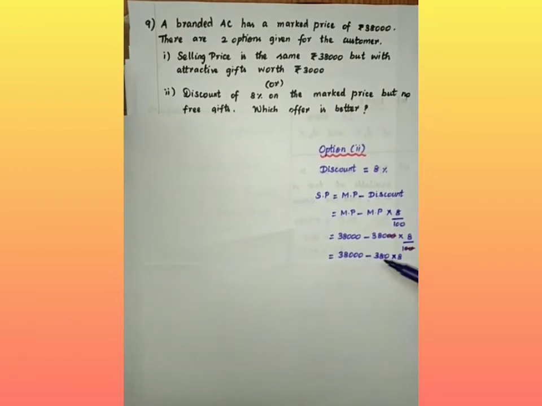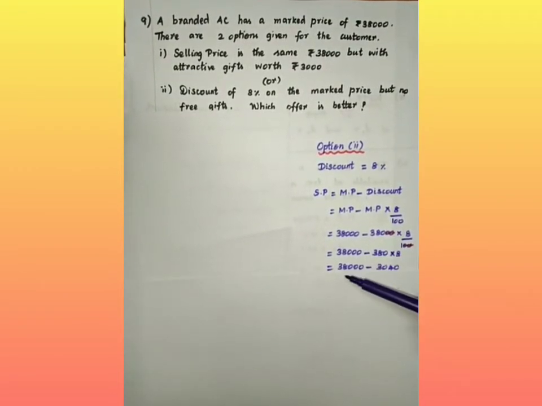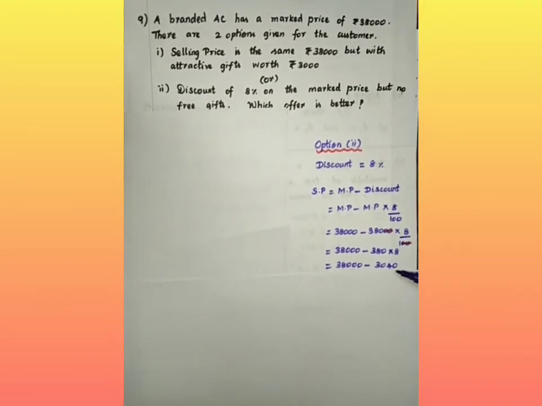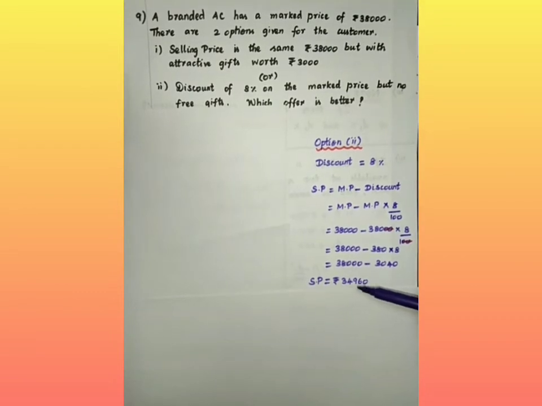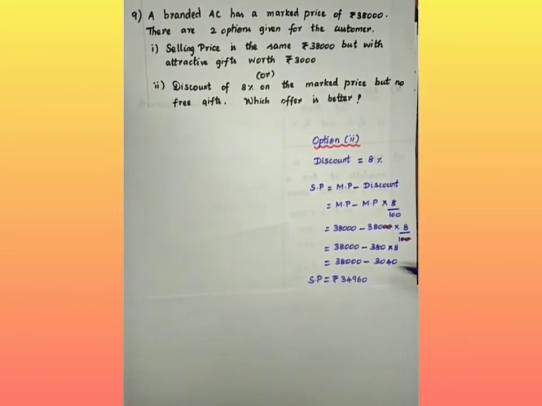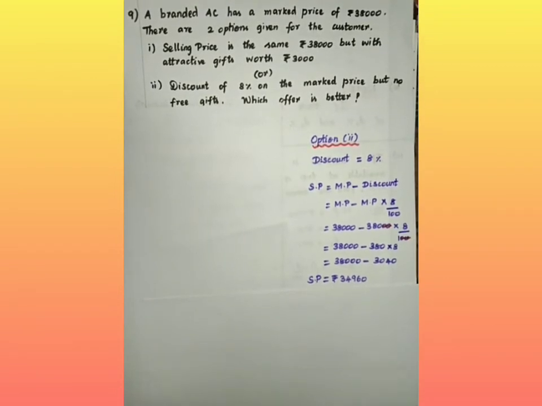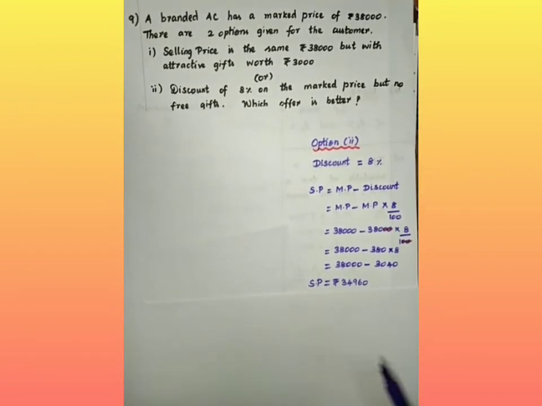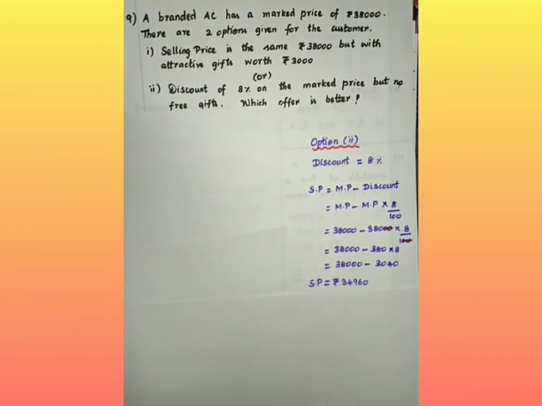So 38,000 minus 380 into 8. 38,000 minus 3,040 rupees. When you are subtracting, you get 34,960 rupees. That is the selling price of the AC. Therefore, the selling price of the AC for option 2 is rupees 34,960.